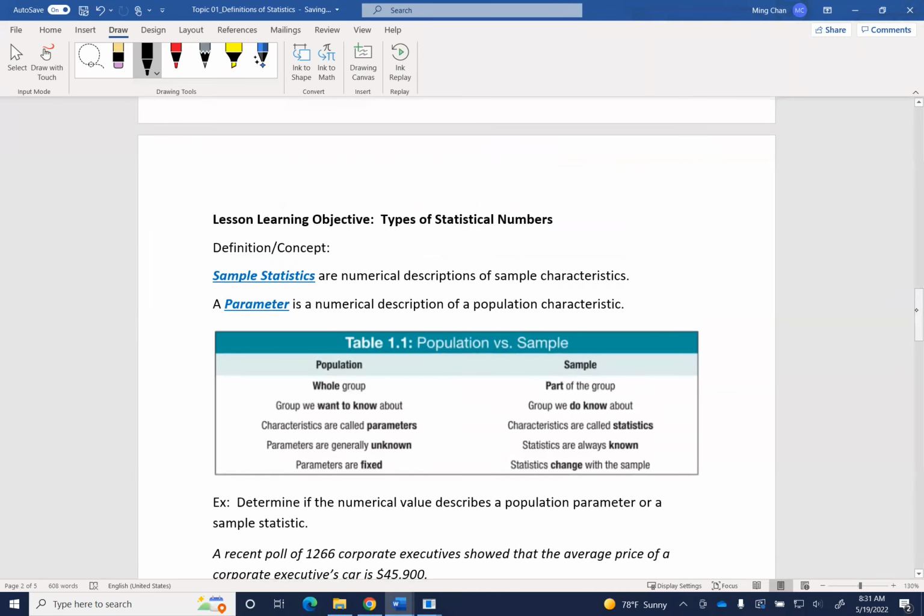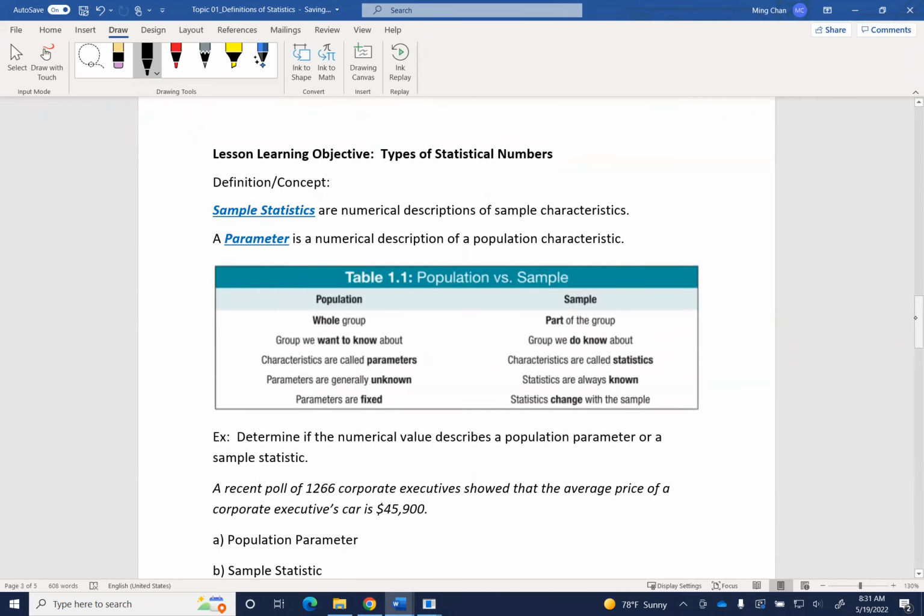All right, let's take a look at a couple more definitions: types of statistical numbers. There are two types of statistical numbers. First is called a sample statistic. Sample statistics are numerical descriptions of a sample characteristic. A parameter is a numerical description for a population, so a parameter is associated with a population. A sample statistic is a numerical value for the sample.